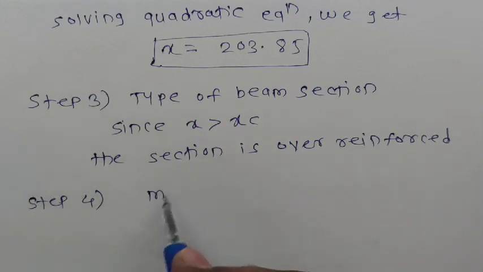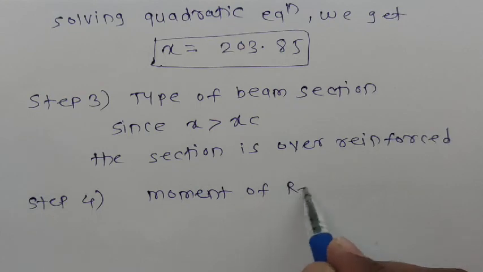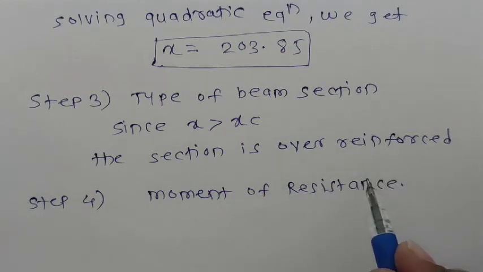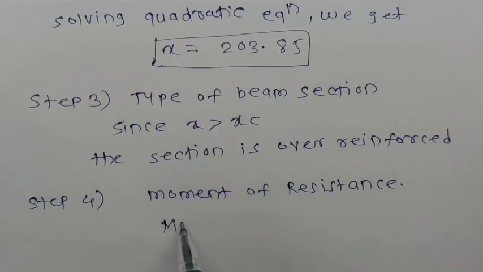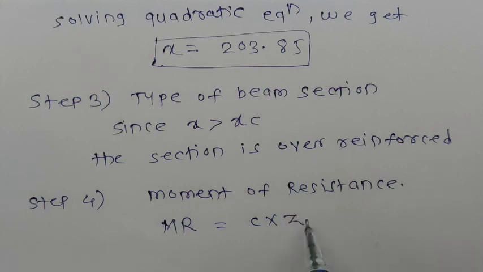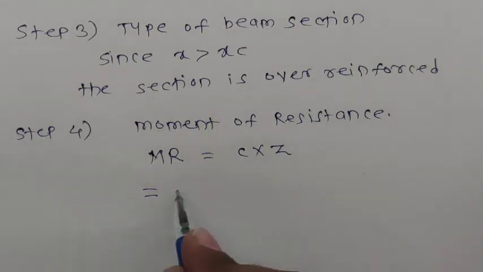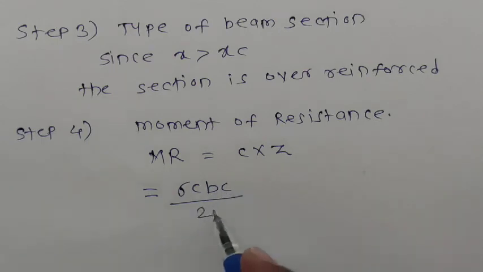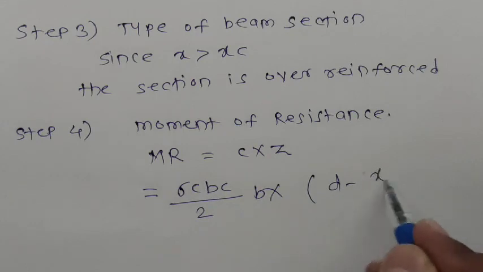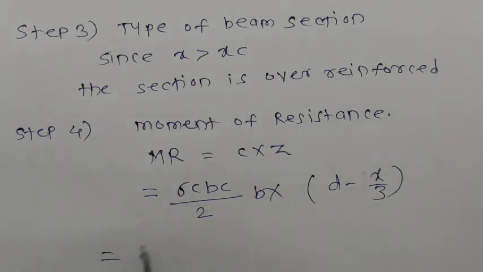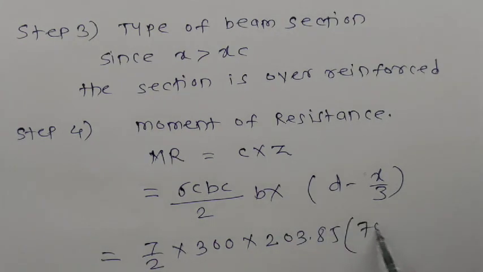Then step number 4, moment of resistance. Moment of resistance MR is equal to C into 2, sigma CBC divided by 2 into b into x into d minus x by 3, is equal to 7 by 2 into 300 into 203.85 in bracket 700 minus 203.85 divided by 3.